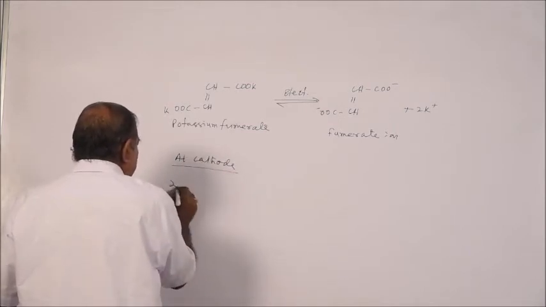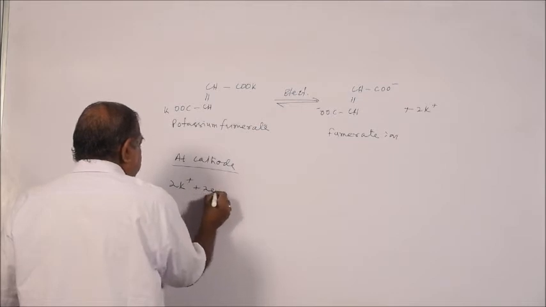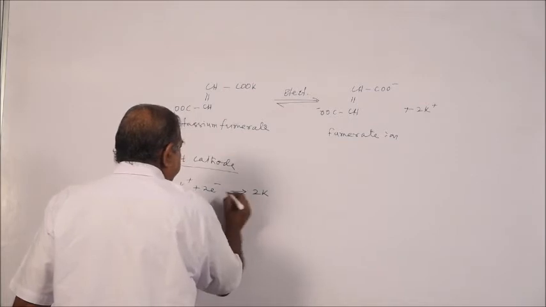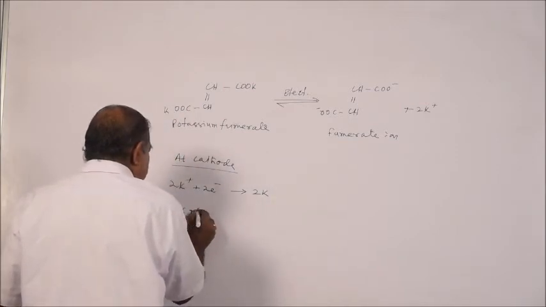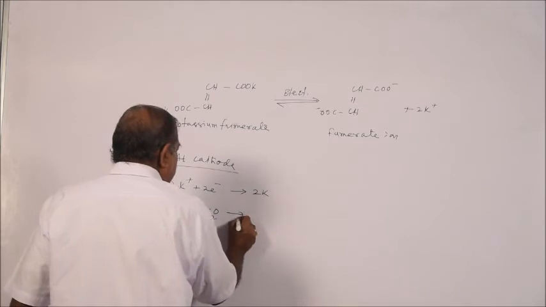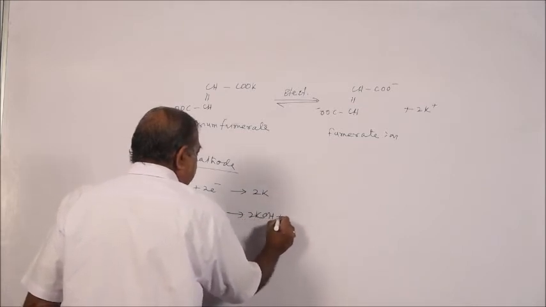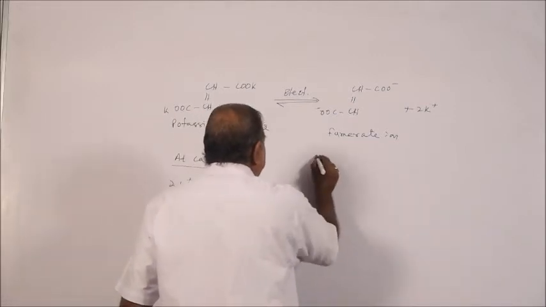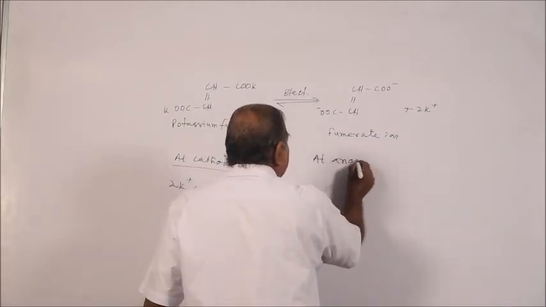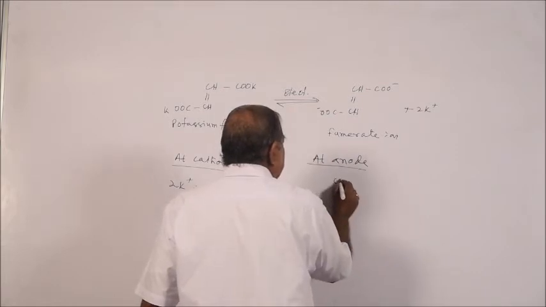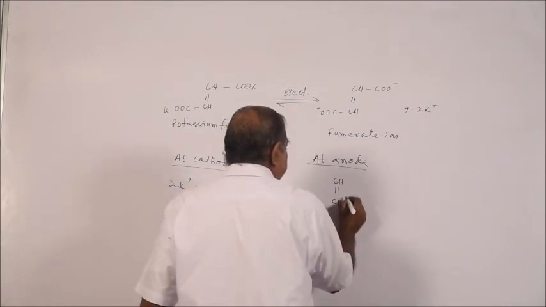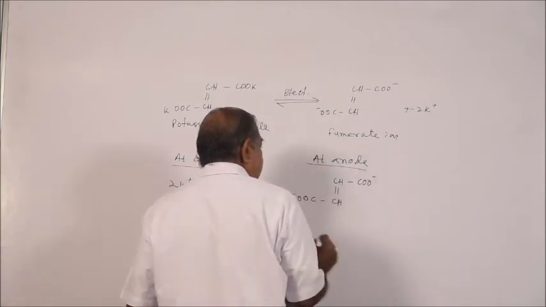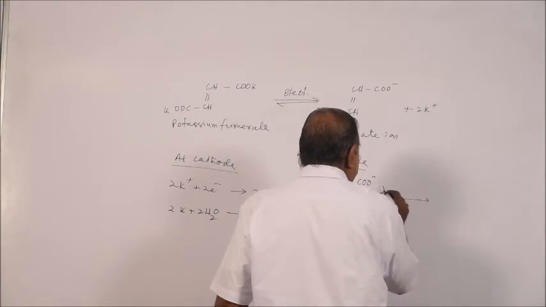At the cathode, potassium ion adds up with electrons to give potassium metal. Potassium metal reacts with water, giving you potassium hydroxide and hydrogen. At the anode, the fumarate ion reaction is two step.